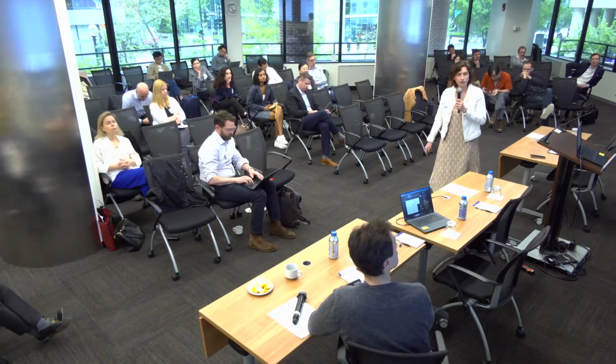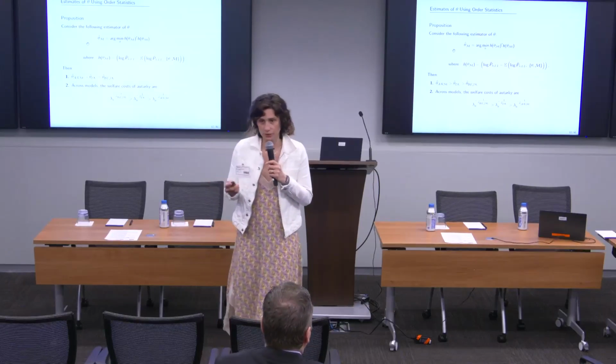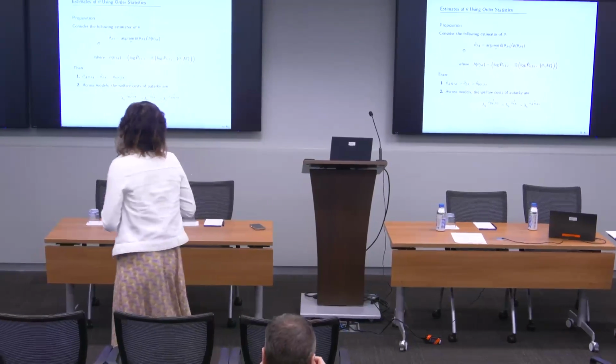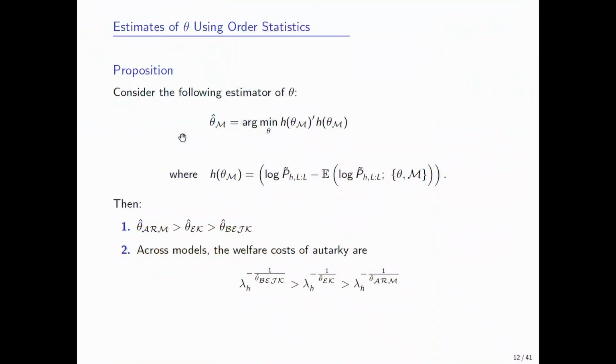Okay, we had ordered the thetas, and that's effectively the theorem, which I'm just going to summarize for you. I'm not going to go into much math. But suppose that you have the following estimator for theta, which is to minimize the difference between the max of the log price difference, which I defined a few slides earlier, and the expectation of that.